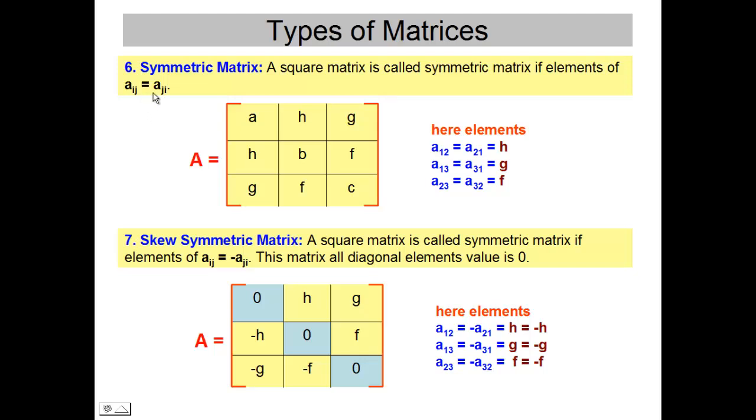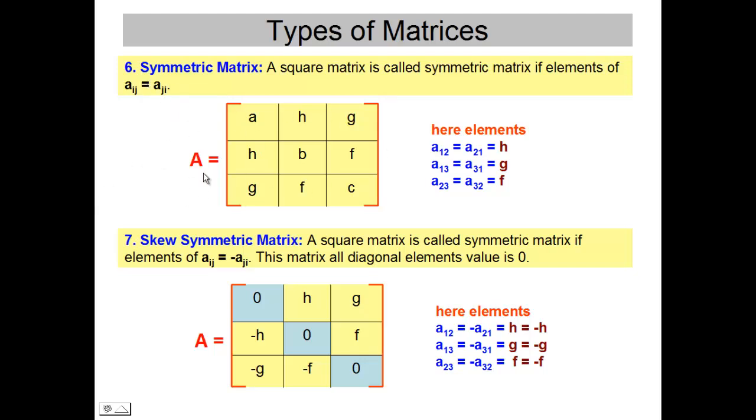Now the sixth matrix is the symmetric matrix. What is the definition of a symmetric matrix? A square matrix is called a symmetric matrix if the elements A of ij equal A of ji. It means that the element at position A of ij equals the element at A of ji.